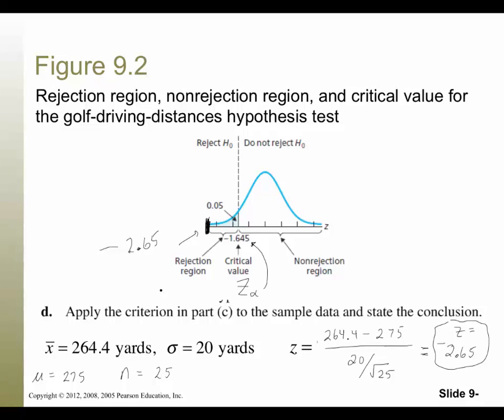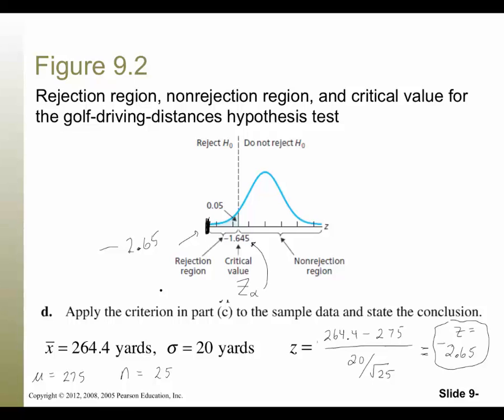So, conclusion, we reject the null hypothesis. We say there's significant data here, significant enough for us to say he doesn't drive at 275, okay? Do we know that for sure? No, because we could have made what kind of error? This could be a type 1 error.